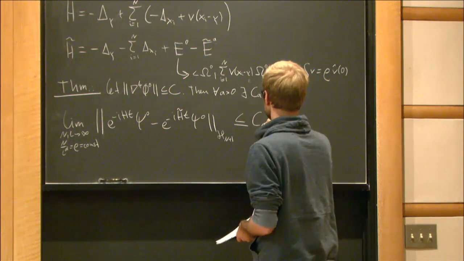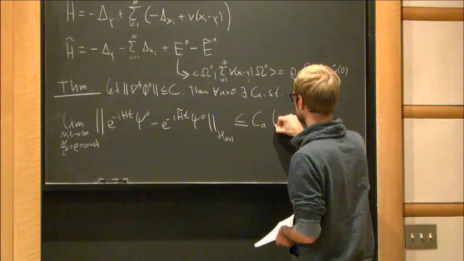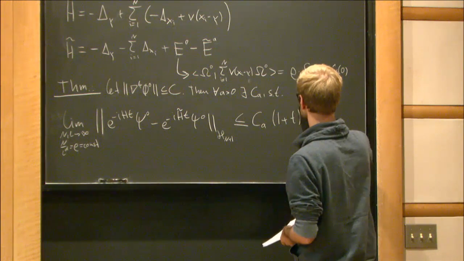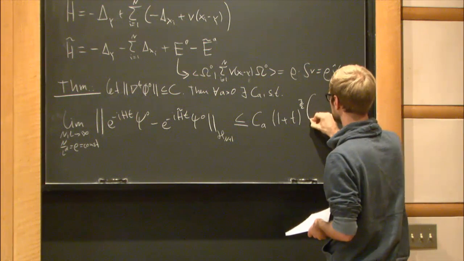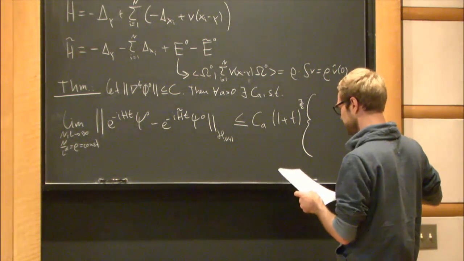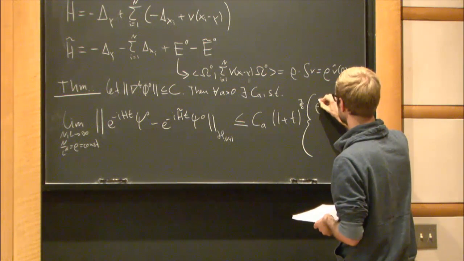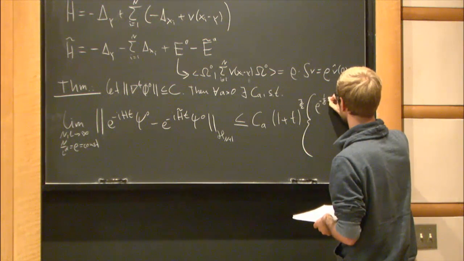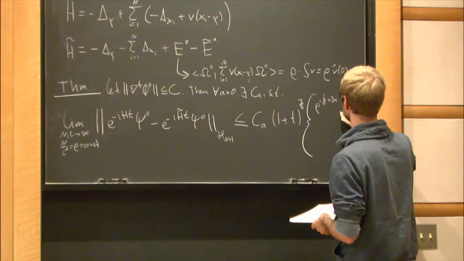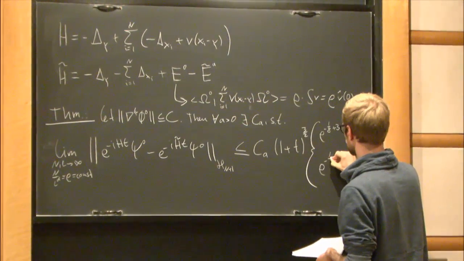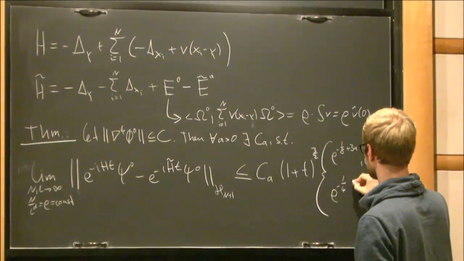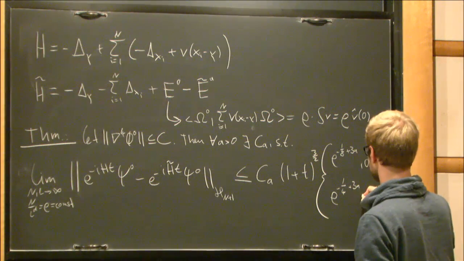Now by some constant Ca, and then I have here 1 plus t to the 3/2, and then we have a result in 2 dimensions which says rho to the minus 1/8 plus 3a, and you have a little bit better in 1 dimension, rho to the minus 1/4 plus 3a.